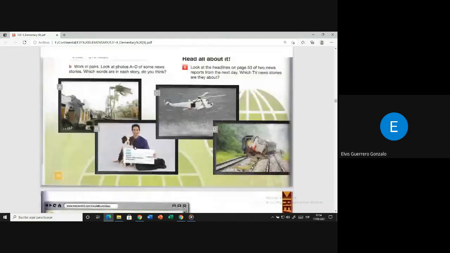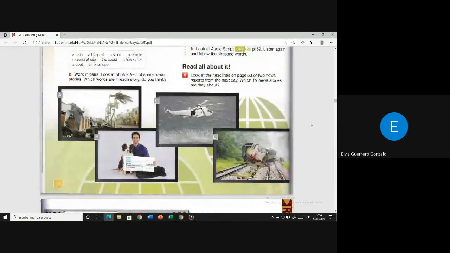And do you remember a story C and a story B? What happened in a story B and in a story C? Do you remember? For example, in story C, I remember a couple are lost in the ocean.